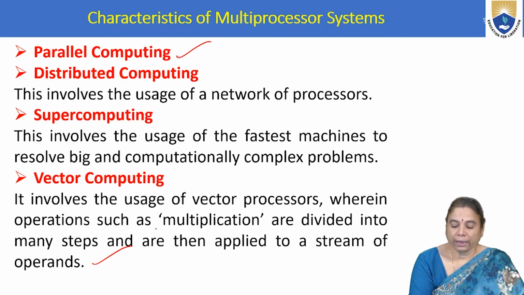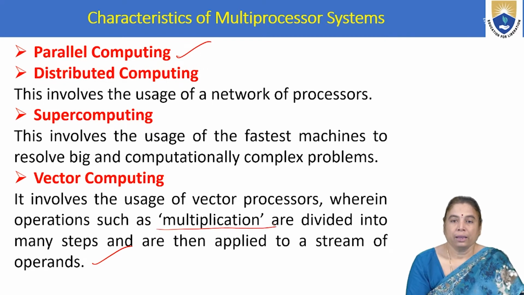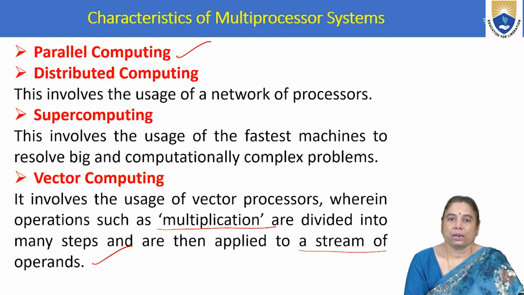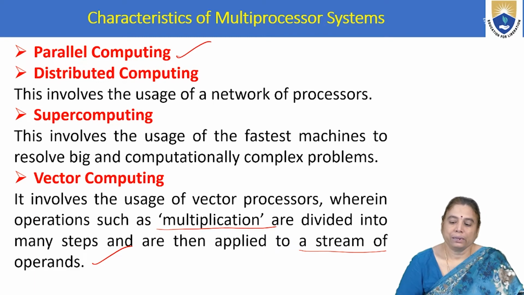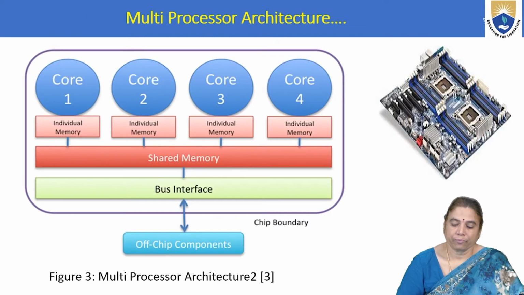If you take a multiplication operation, it can be divided into many steps and each step can be applied to a stream of operands so that concurrent execution of the arithmetic operation can be carried out. So these are the characteristics of multiprocessor systems.